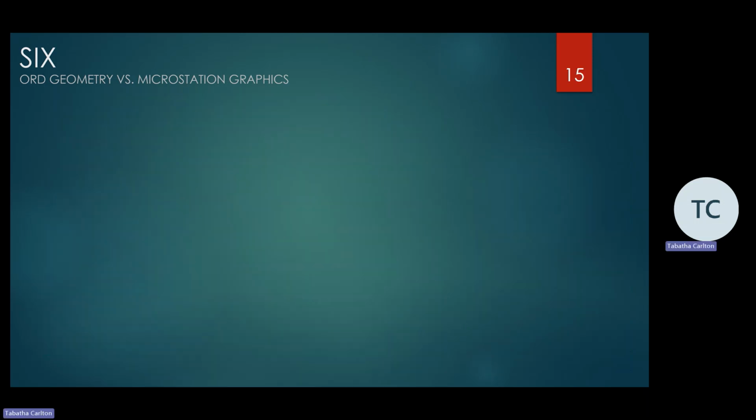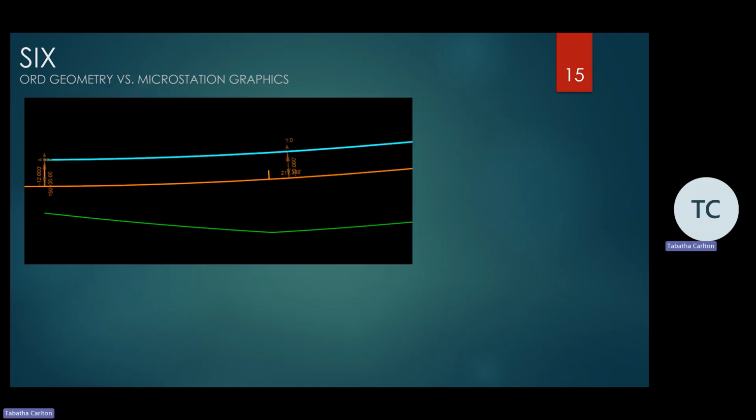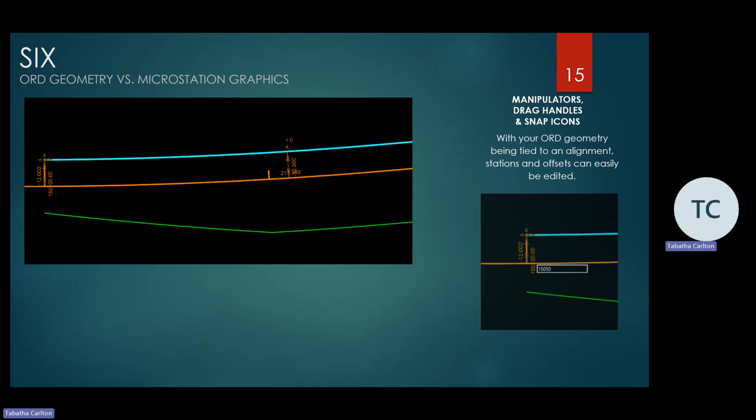Same thing with lines that are offset from an alignment. You have the ability to change the station. In this example, I picked the station and changed it, so everything with that line moved down to that station.